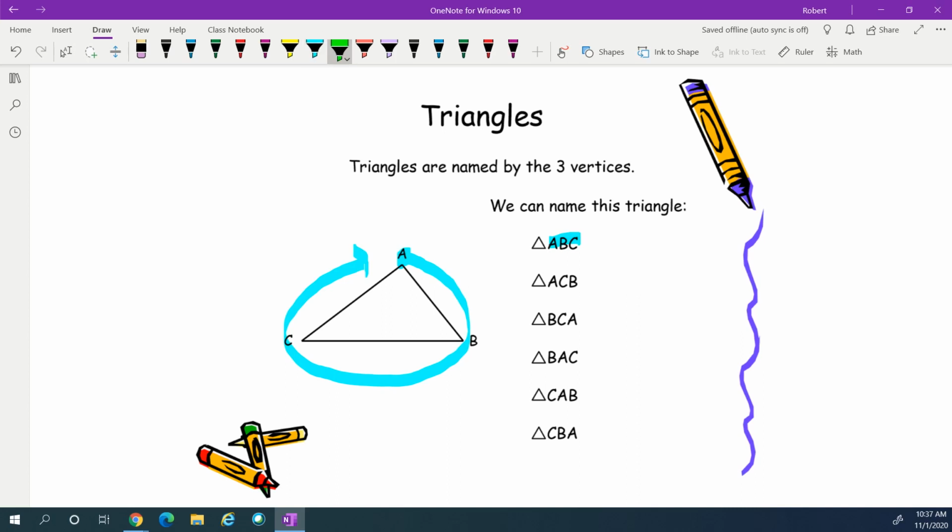But I could have started at A and went the other way and call it triangle ACB. It's the same triangle. We choose one vertex and then go right around it, naming the other vertices in order. It's not about alphabetical order, it's about the order that they are in the picture.